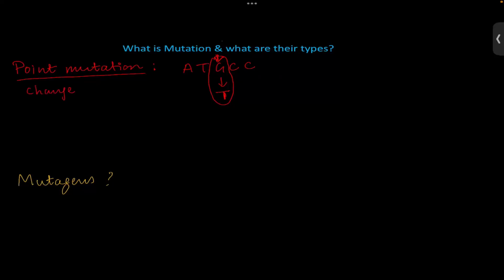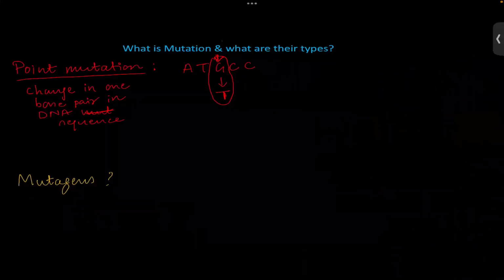Let me write: change in one base pair in the DNA sequence is called the point mutation.